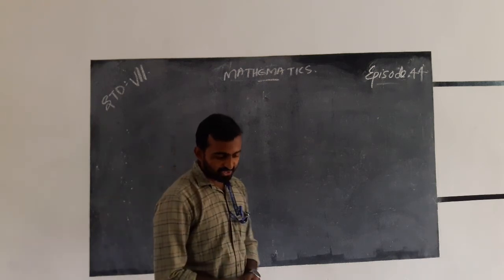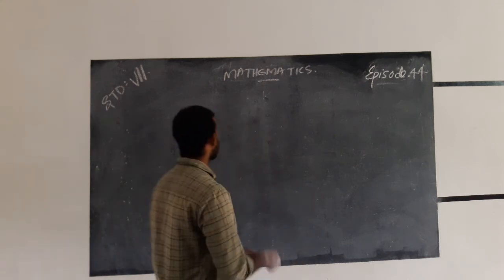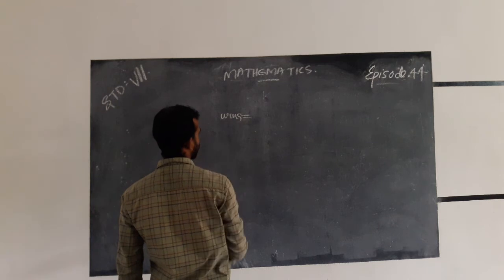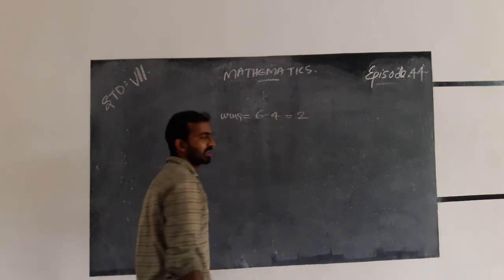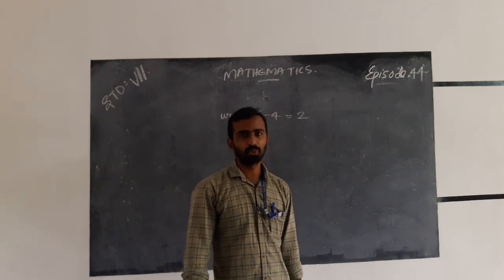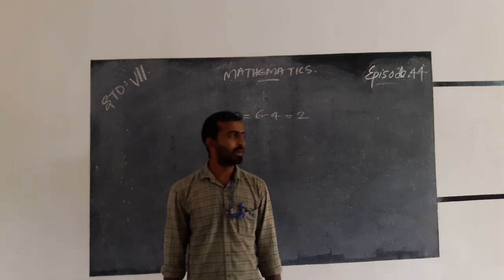First we take the increase in the number of winnings. Increase in number of wins is equal to 6 minus 4, we get 2. Is it? That is, the increase in number of wins is 2. And next we take the percentage increase.